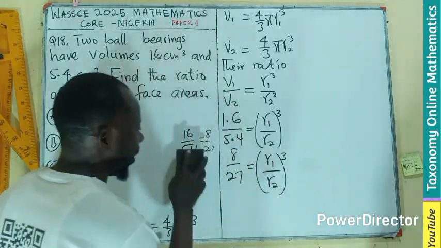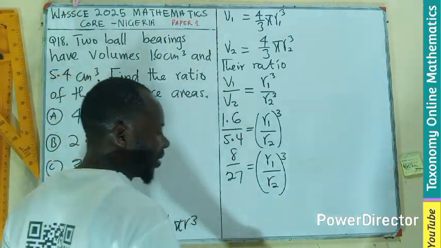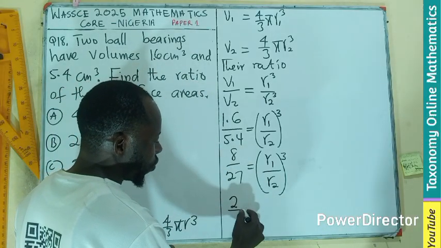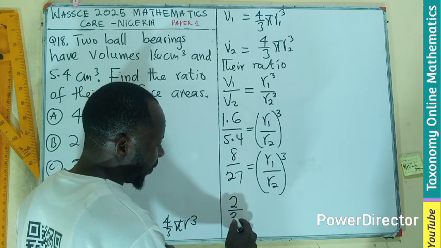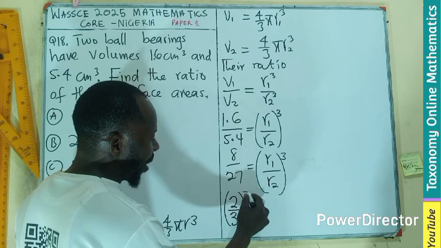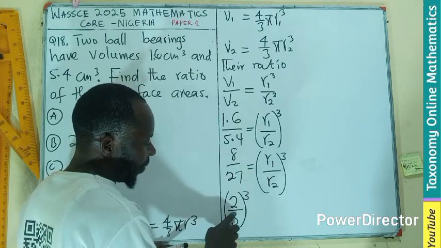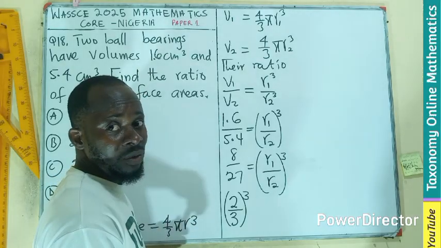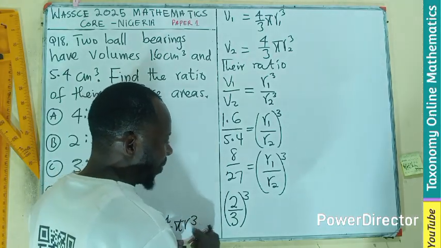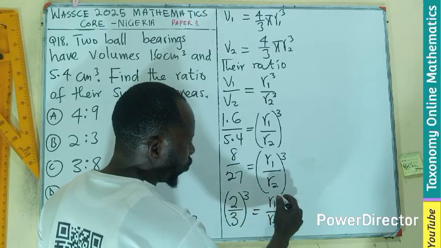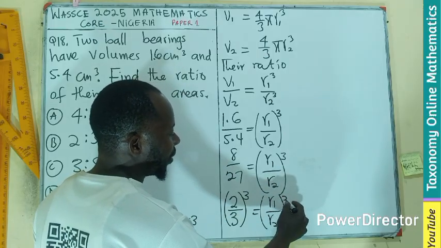The power being 3 on the other side means that we can rewrite this as 2 on 3 all raised to the power 3. 2 raised to the power 3 is 8, 3 raised to the power 3 is 27. So I have that equal to radius 1 over radius 2, all raised to the power of 3.